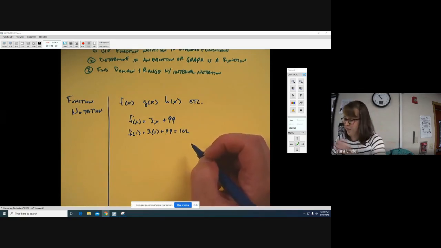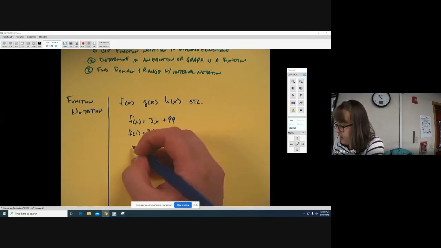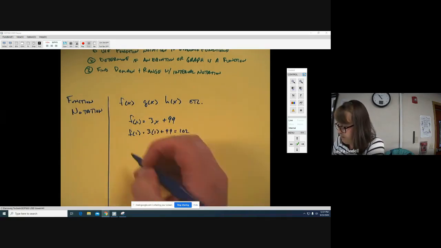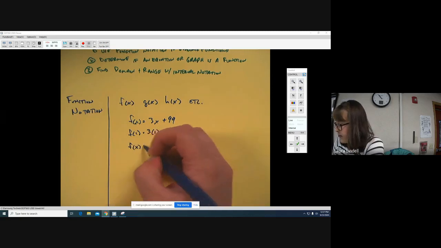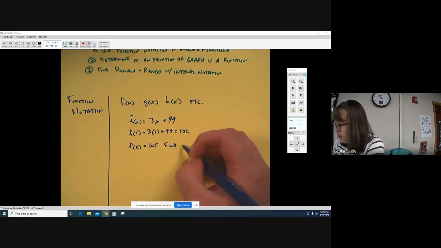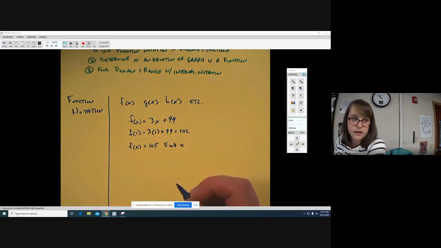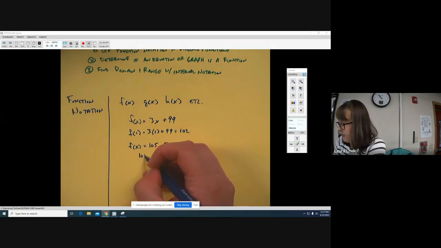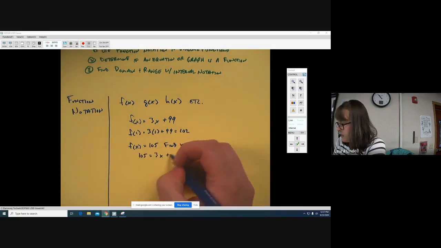We also want to be able to, if we're told f of x equals 105, find the x value that goes with that. So what we would do then is go, okay, 105 equals 3x plus 99.